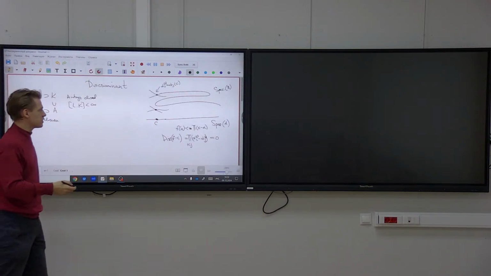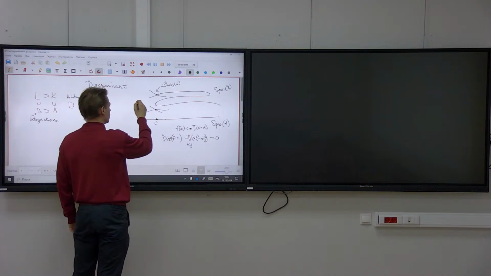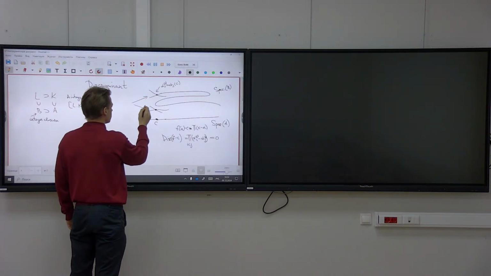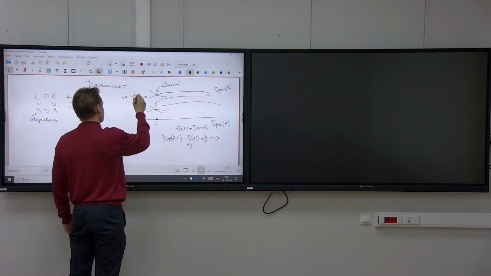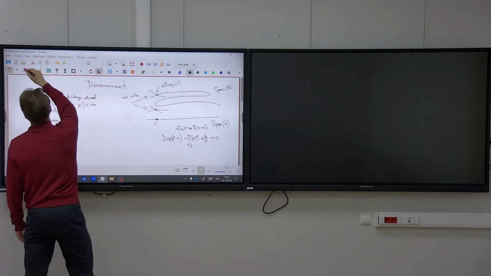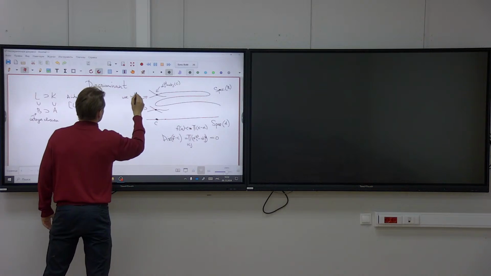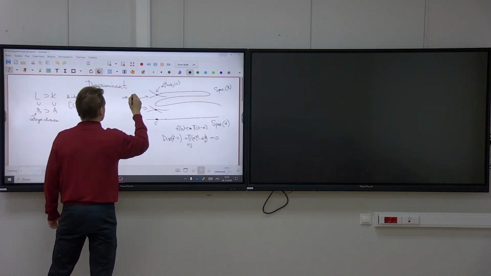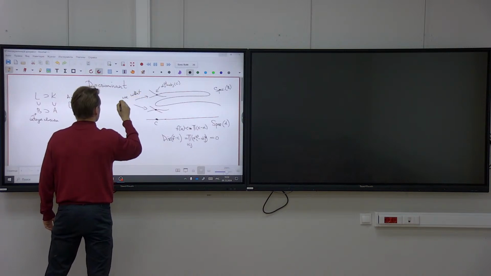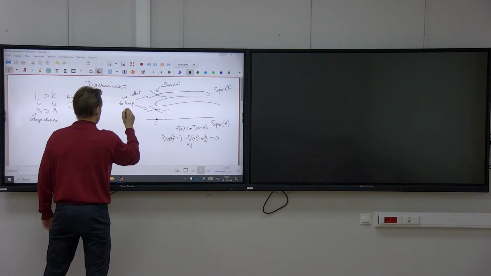And of course, if we want to study more refined information, we want to keep track of these points, to keep track of ramification upstairs.